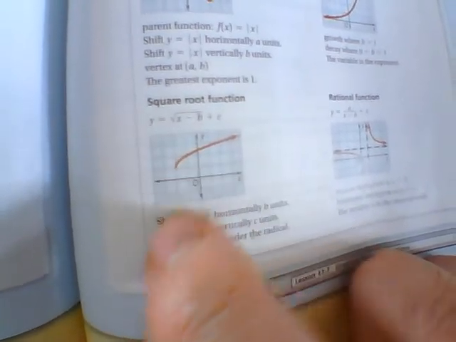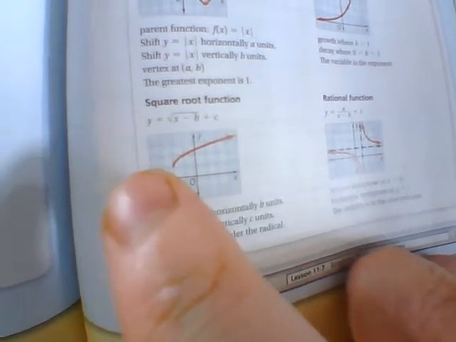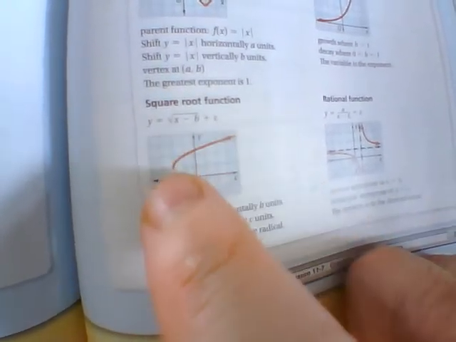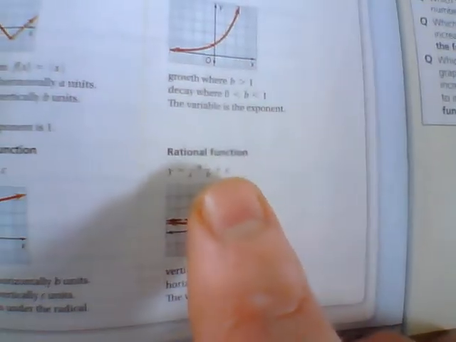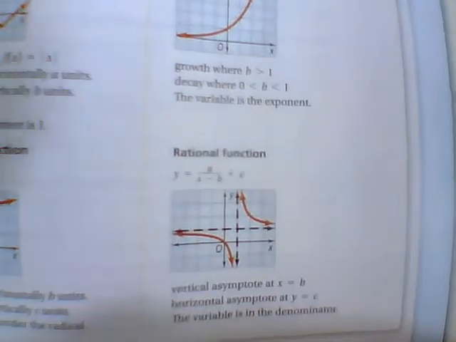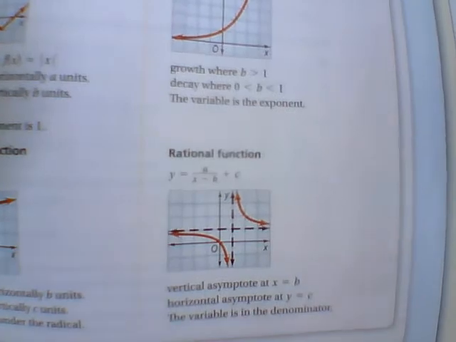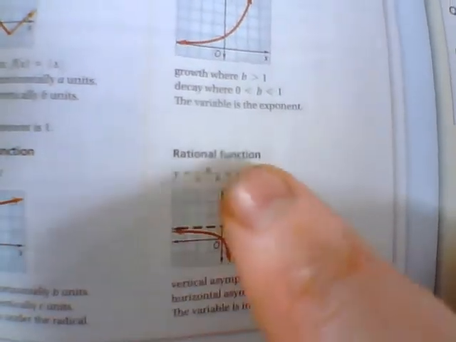Do realize that with everything that's going on with this, we had kind of this curve overall, but x was located under the square root. And then now we've discussed the rational functions. So rational functions rely on that x being in that denominator. So when the x is in the denominator, that's when we had these undefined lines.